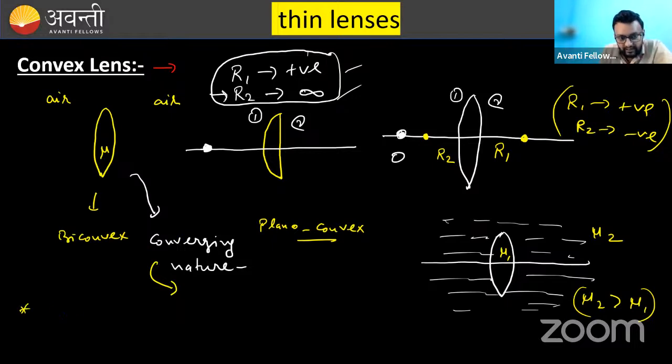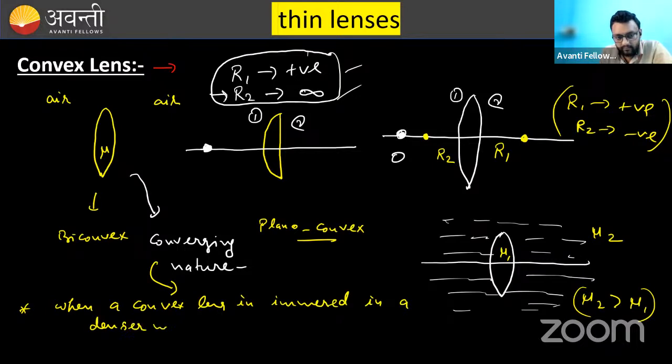So I am writing the punchline. When a convex lens is immersed in a denser medium compared to its own refractive index, then it becomes diverging.